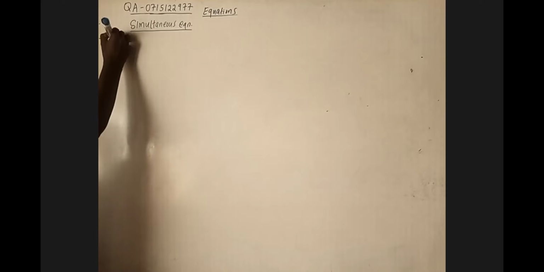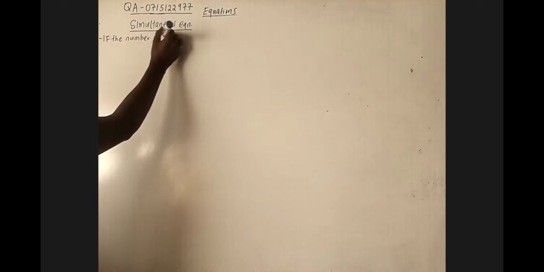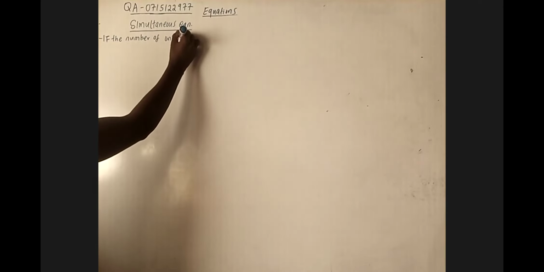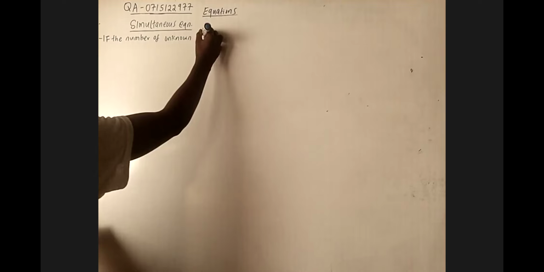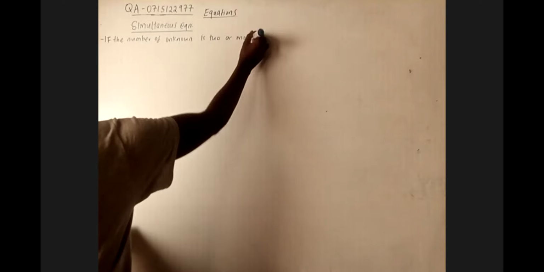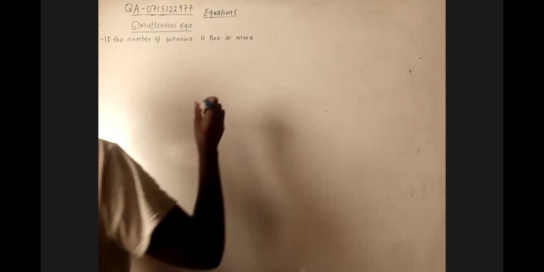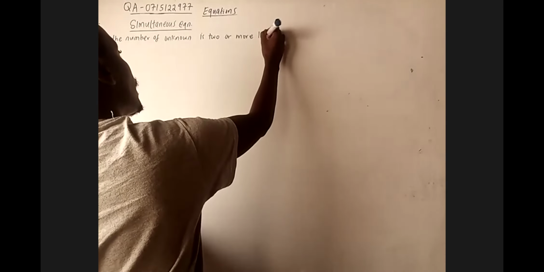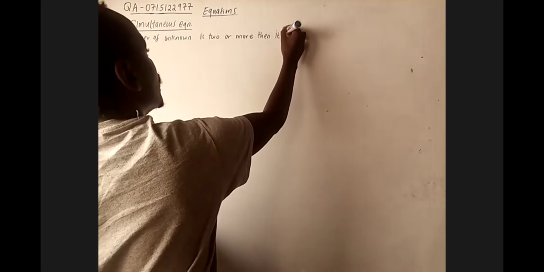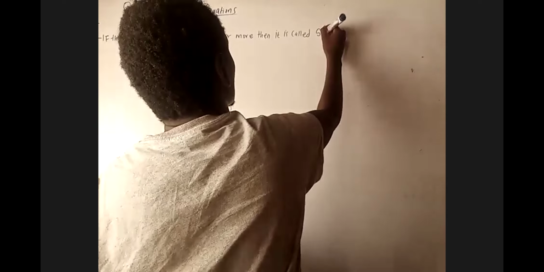If the number of unknowns is 2 or more, then this is called a simultaneous equation.